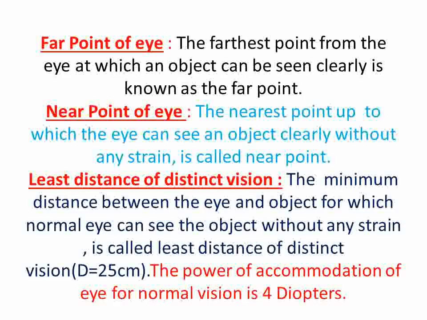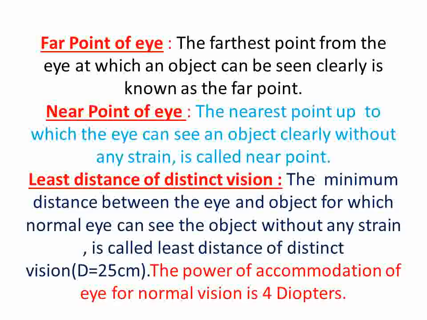Near point: the nearest point up to which I can see an object clearly without any strain is called the near point. It is found at 25 centimeters for the healthy human eye, and this is the least distance of distinct vision also. The minimum distance between the eye and the object for which a normal eye can see the object without any strain is called the least distance of distinct vision.